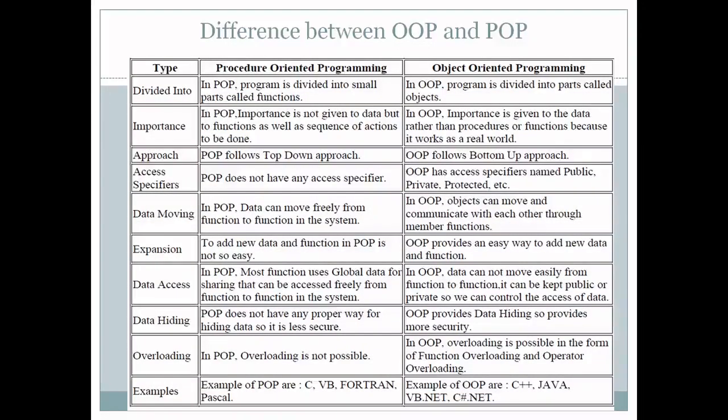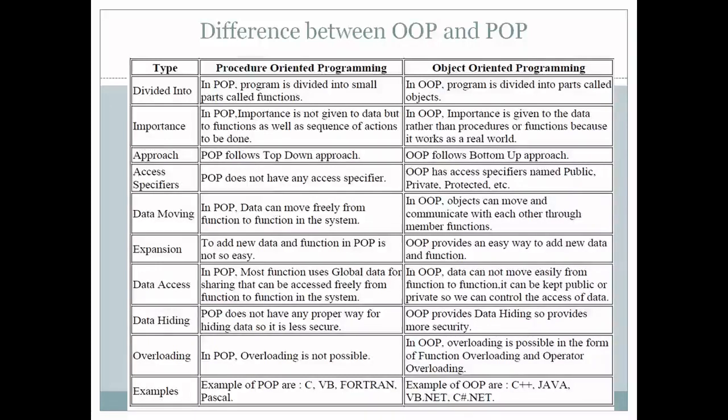Okay, let's see some of the differences between object oriented programming language and procedural oriented programming. So the differences are: the first column is the type, then procedural oriented programming, and then object oriented programming. In the type, we have the basis on which we have identified the differences.